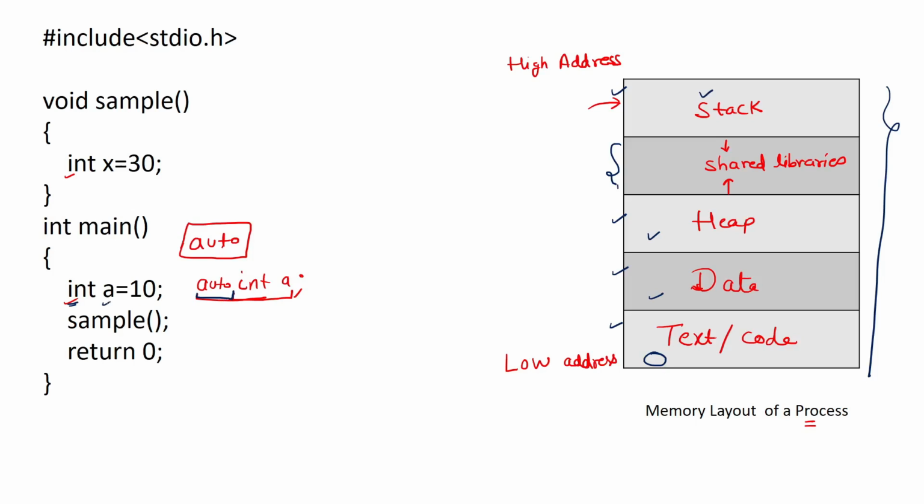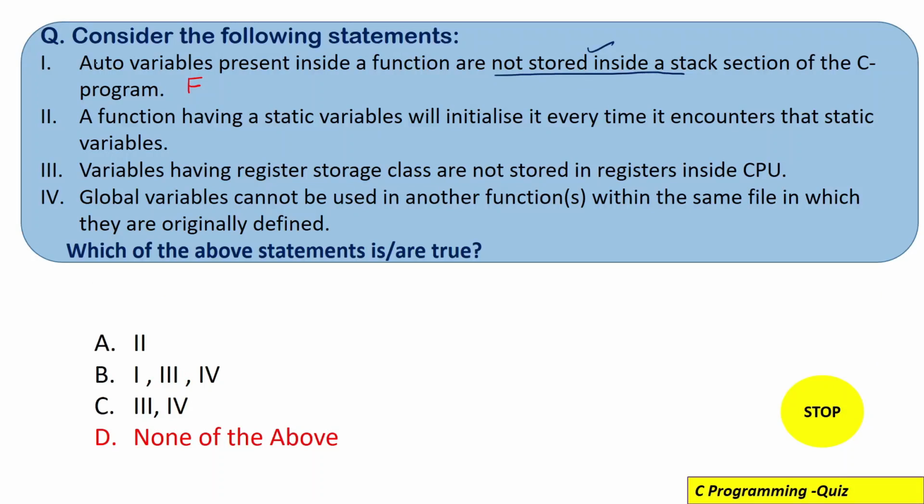This variable a and this variable x will be stored on the stack. They will not be stored on the data part, they will be stored on the stack part of this process. So here you will have x equal to 30, and the same way a equal to 10. Now first let's see the third statement, and then we will see the second statement.